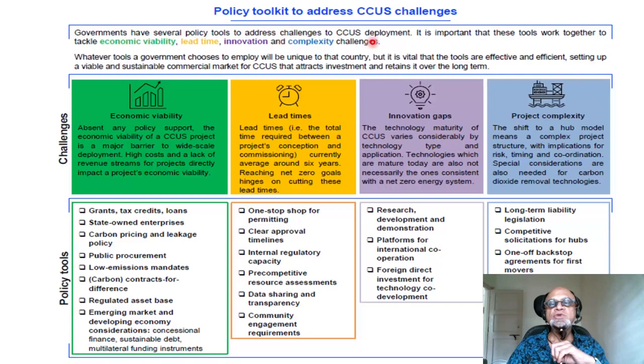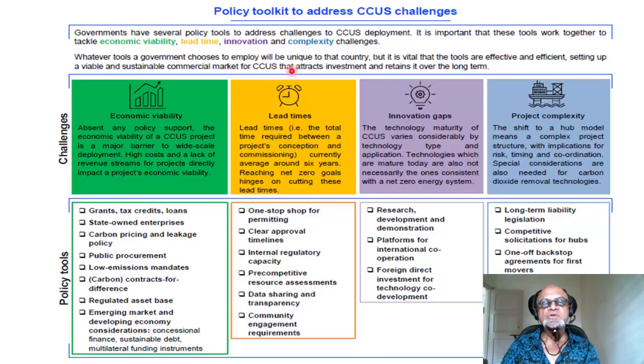Next up, policy toolkit to address CCUS challenges. Governments have several policy tools to address challenges to CCUS deployment. It is important that these tools work together to tackle economic viability, lead time, innovation, and complexity challenges.